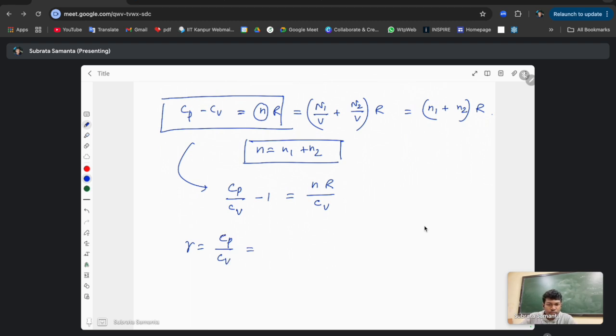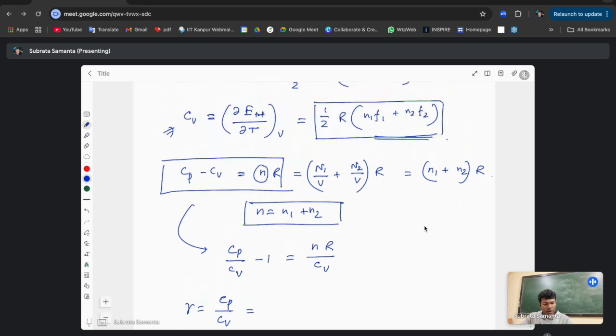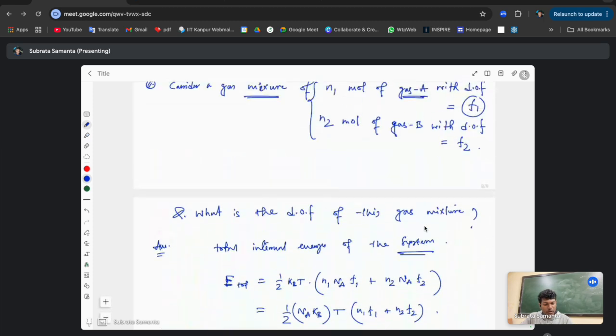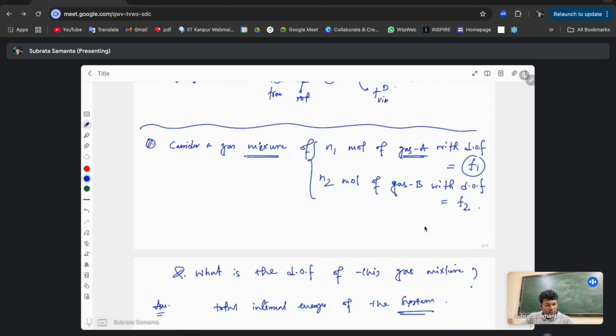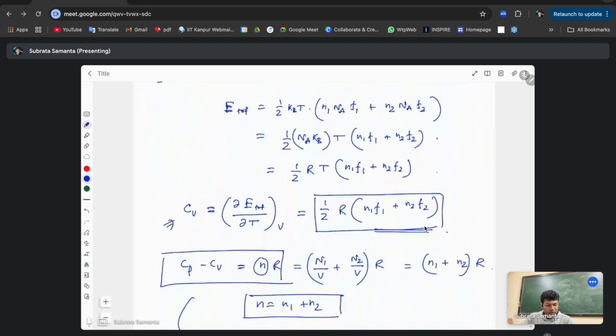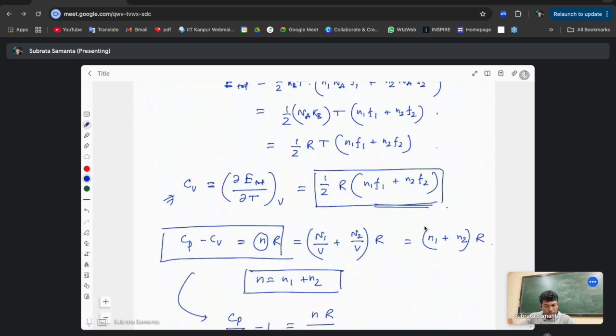No, it's just a number density n1 by V. If there are n1 molecules in gas A, the number density is n1 over V, where V is the volume of the container.